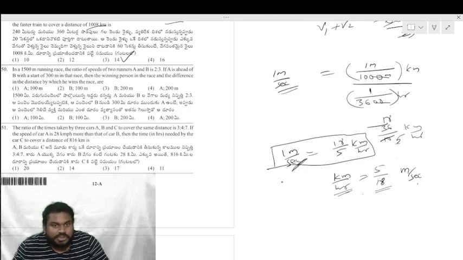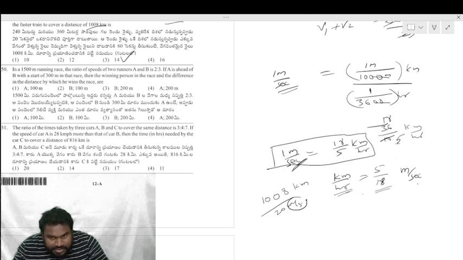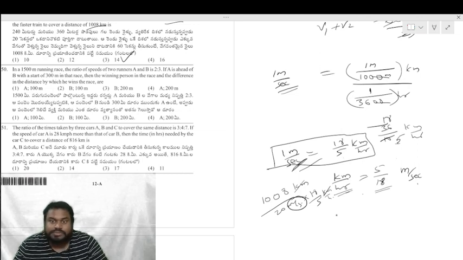So just now you had 1008 kilometers by 20 meters per second. Just 1 meter per second I'll convert into 18 by 5 kilometer per hour. So if I multiply with 18 by 5, it will be converted to kilometer per hour. So kilometer gets cancelled, hour will go upside, and that is the answer.